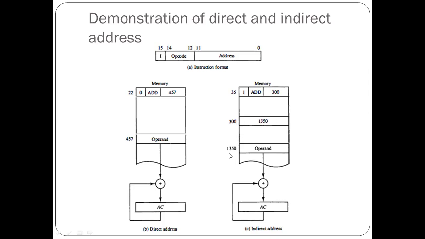If your memory is larger in size, I can't store the 16-bit address in the instruction format, because only 12 bits are reserved for addressing memory. Based on the instruction format, I can address only this much memory.